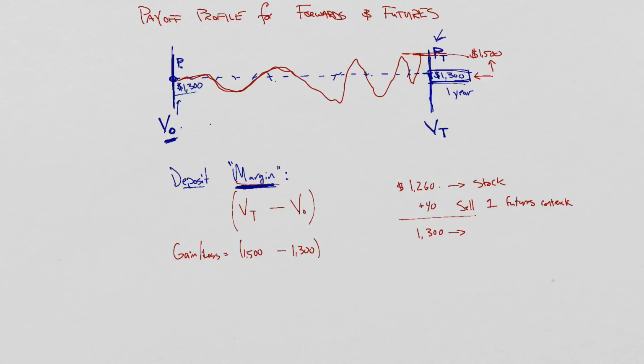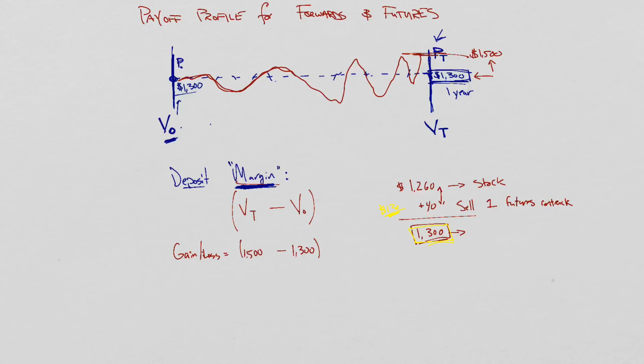And again, the net result is that I've got zero exposure to movements in the price of Google stock. So using futures contracts, and this only cost me $130 to do. I only had to commit additional capital of $130, and the benefit is I reduce my exposure to Google stock.